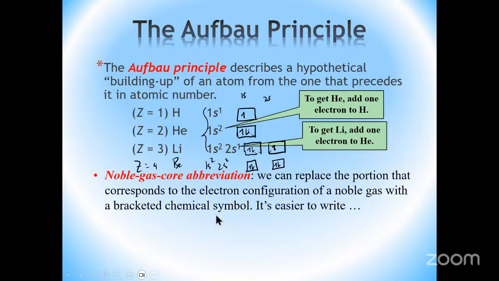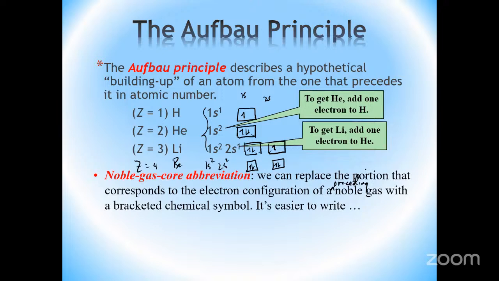In determining the noble gas core abbreviation, what we do is replace the portion that corresponds to the electron configuration of a noble gas, and I should correct this slightly, of a preceding noble gas, meaning the noble gas that appears before it in the periodic table, with a bracketed symbol for that noble gas, and then you write down the rest of the electronic configuration.